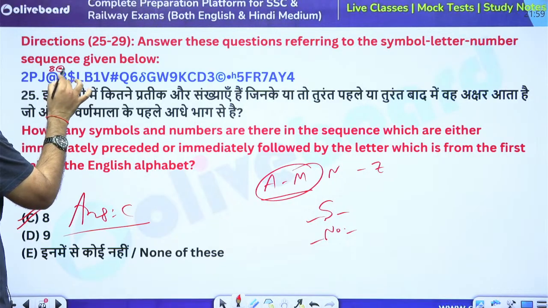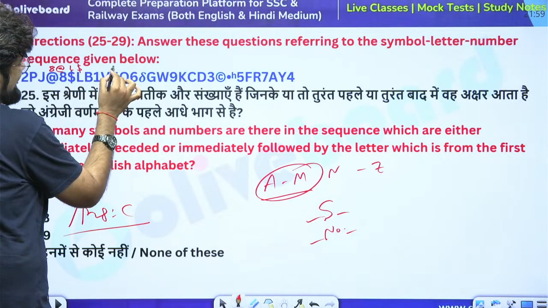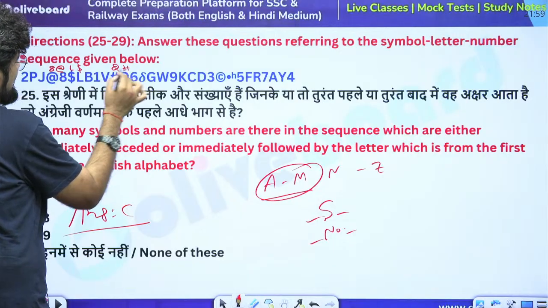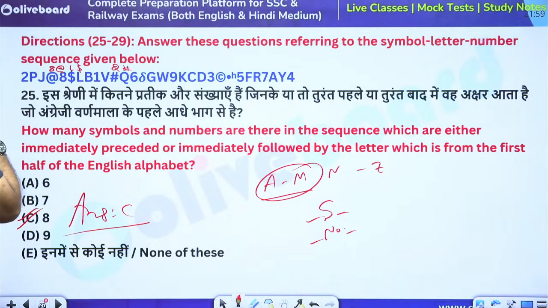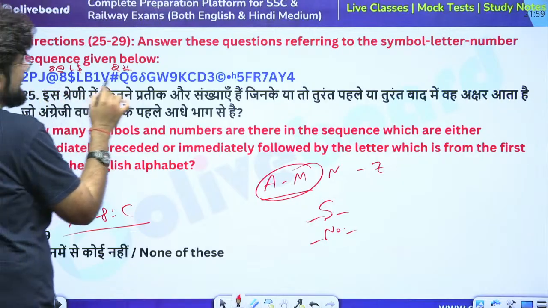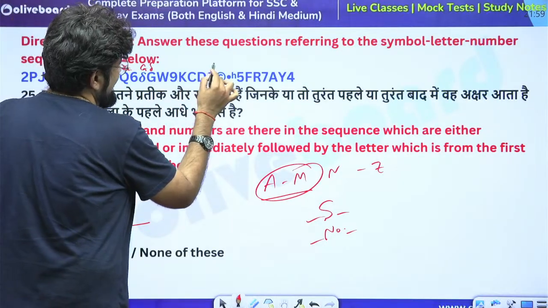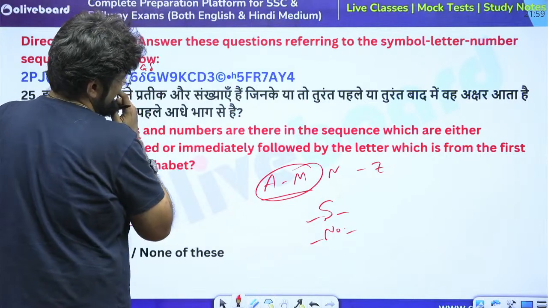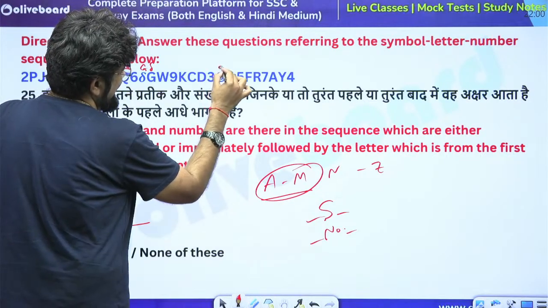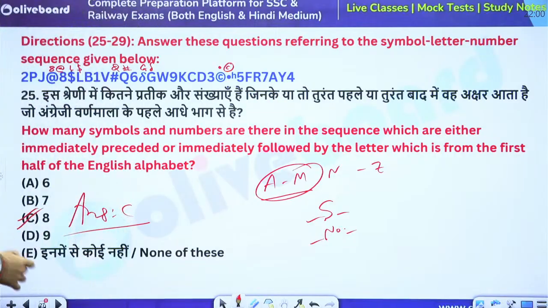At the rate, L, dollar, Q, hash. Yes, to the right, to the right, correct. G, delta, this will be dot and C here. That's it. And now we have to look for what?